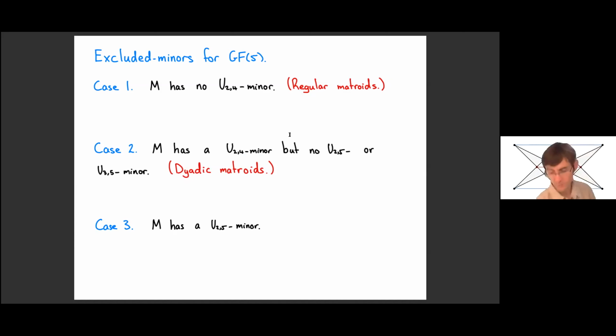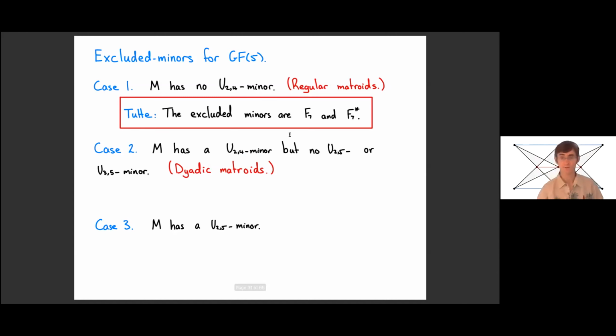So the excluded minors for regular matroids we already know, that's a result of Tutte. And the excluded minors for dyadic matroids we don't know. I remember when I first met Jeff Whittle back in 1990-something, our very first discussion was about finding the excluded minors for dyadic matroids.